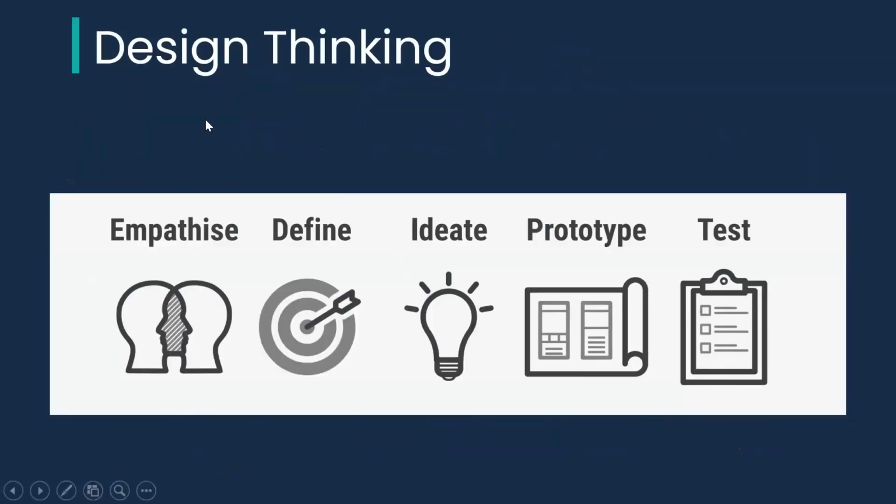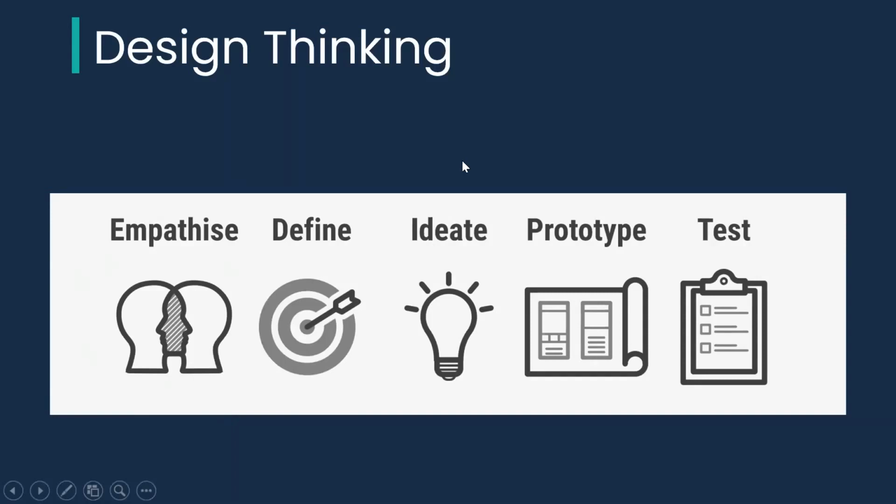So again, we go back to the design thinking we talked about. We emphasize the people suffering the problem. Then we define the potential solutions to the pains that the people are facing.